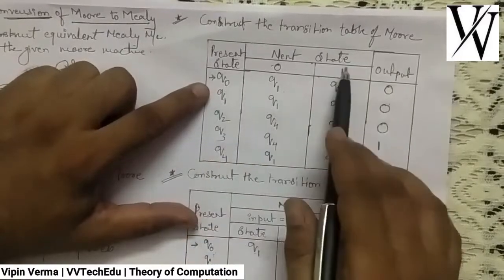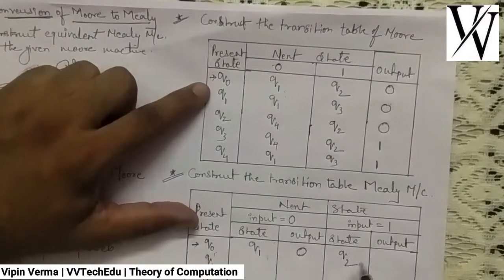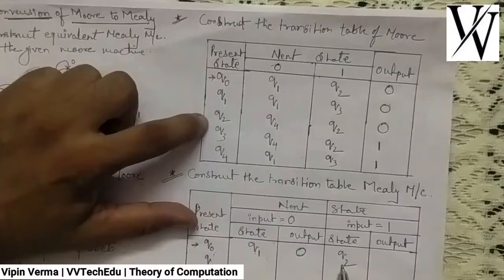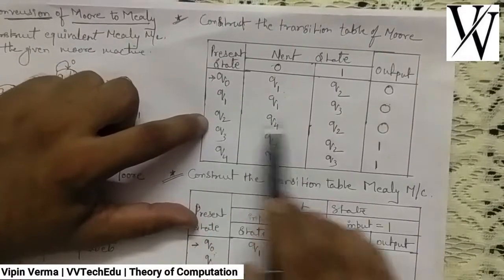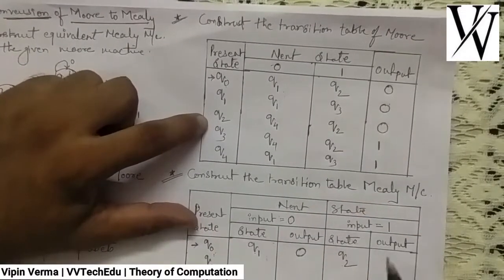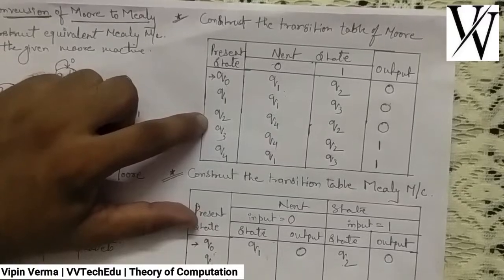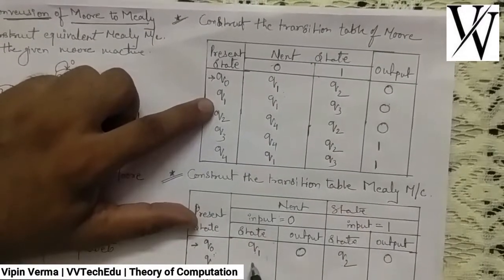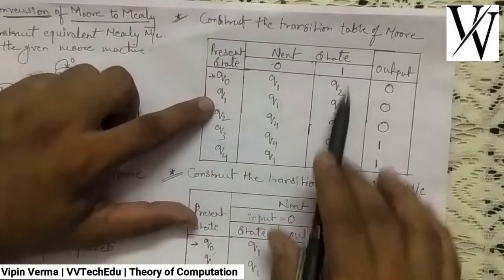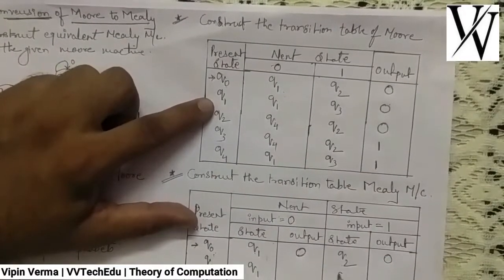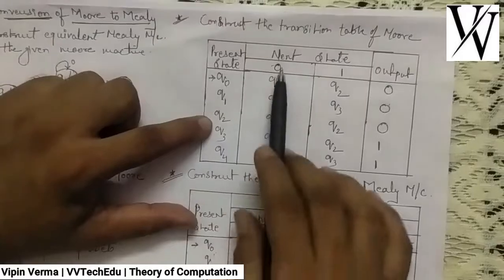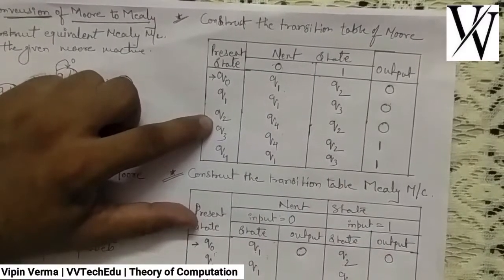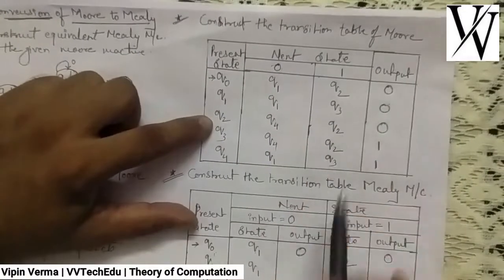At Q0 state for 1, Q2 state, and the output corresponding to Q2 state is 0, so just write down 0. Now at Q1 state the transition for 0 is Q1, for 1 it is Q3. At Q2, for 0 it is Q4, for 1 it is Q2.